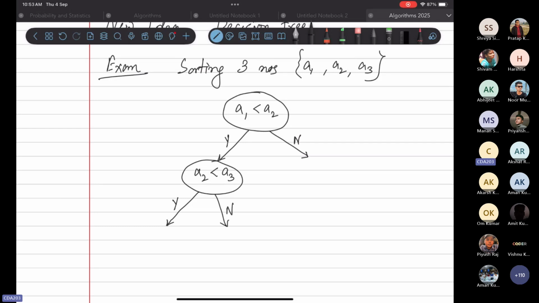Now, I'm asking whether A2 is less than A3 or not. If yes, then can you tell me the sorted order?